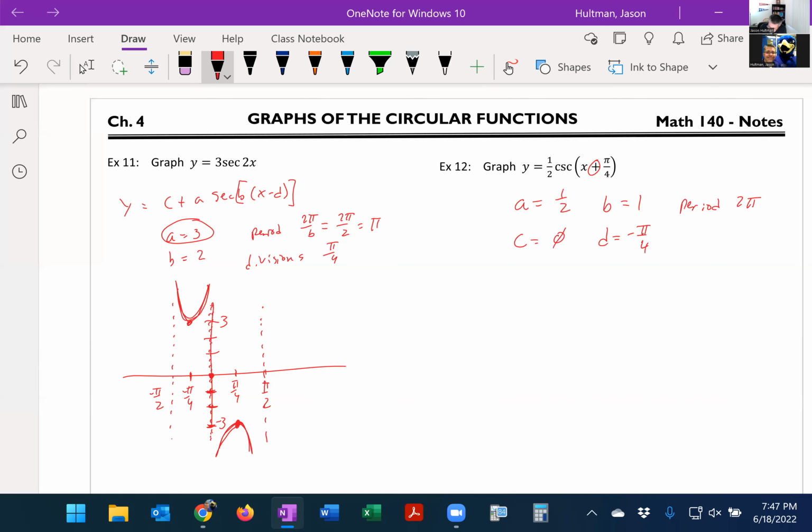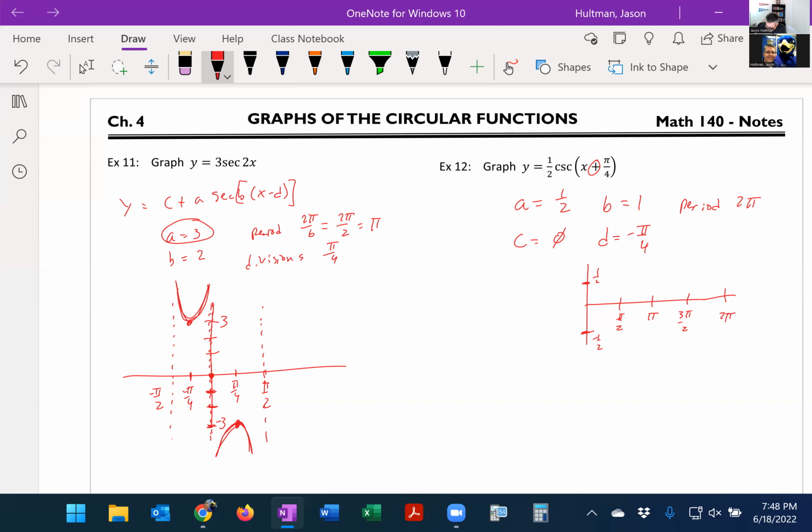So for the regular cosecant function, we would have started at 0, and we would have gone 0, then pi over 2, then pi, then 3 pi over 2, and then 2 pi. Our amplitude, or where we're starting, is going to be, instead of 1 and -1, at 1/2 and -1/2.